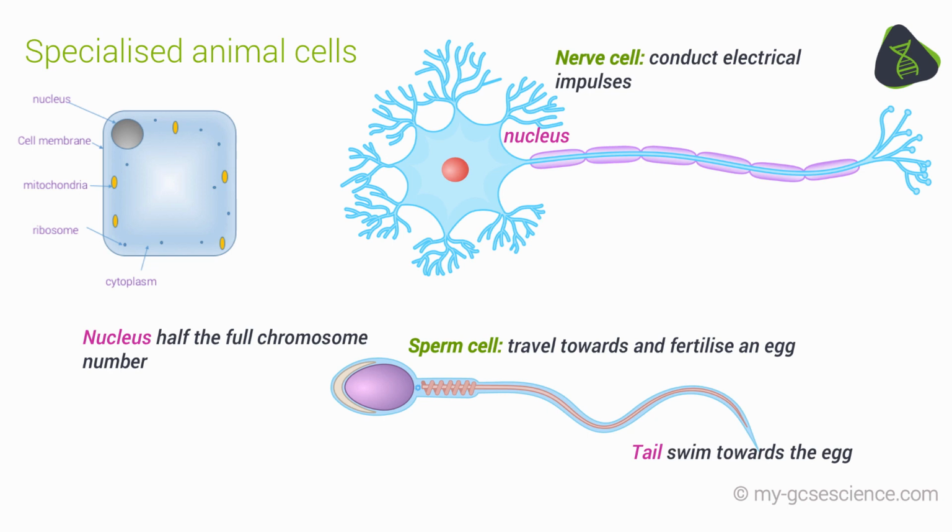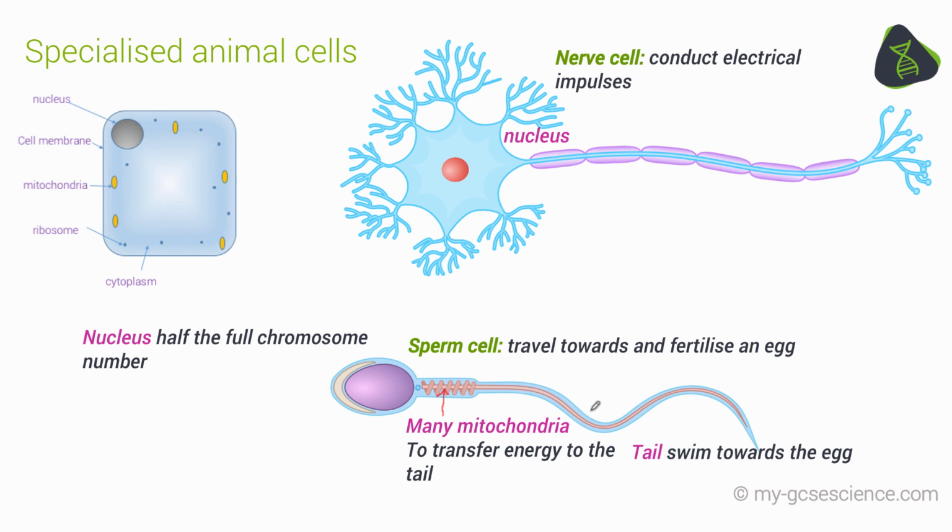But swimming is an energy zapping process. So even though both cells have mitochondria, which again is a typical feature of animal cells, a sperm cell has a lot more mitochondria. And these mitochondria are located in this section of the sperm cell, so that they can provide the energy to power the whip-like motion of the tail, which helps to propel the sperm cell forward.